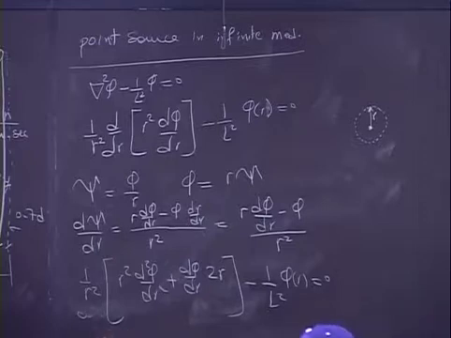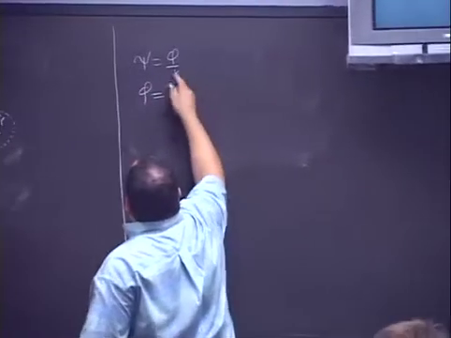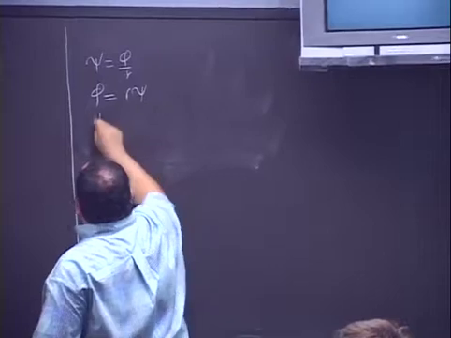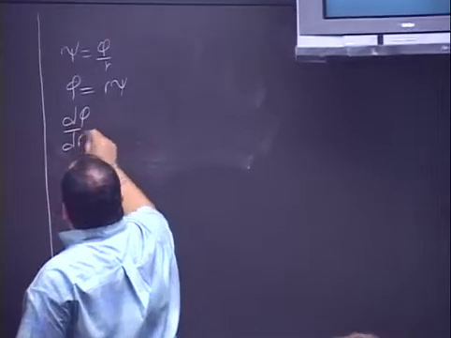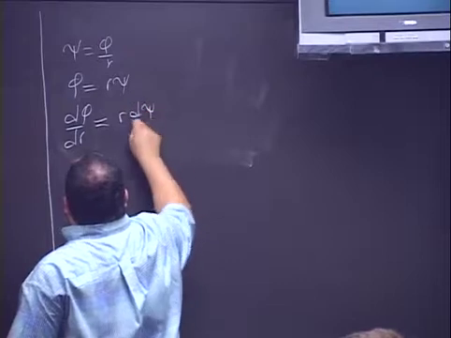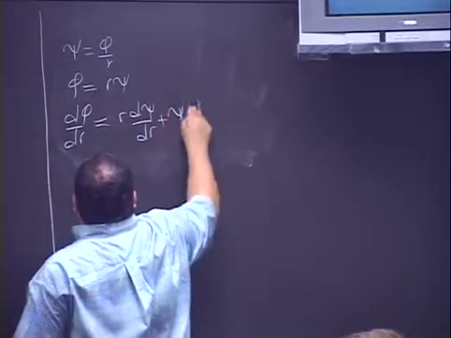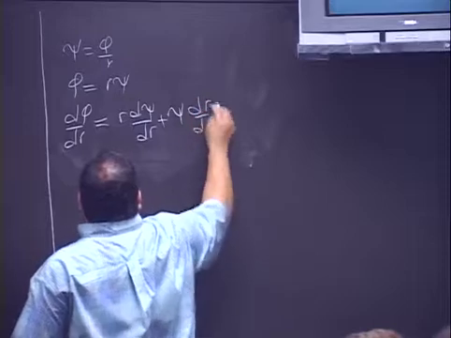So psi equal to phi over r, or phi equal to r multiplied by psi. d phi by dr is nothing more than first multiplied by the differentiation of second plus second multiplied by the differentiation of first, which is 1.